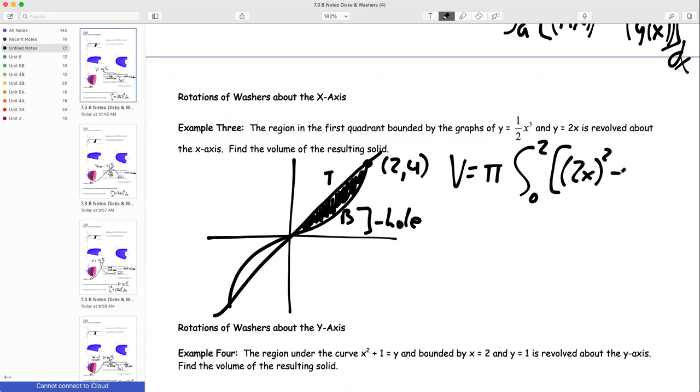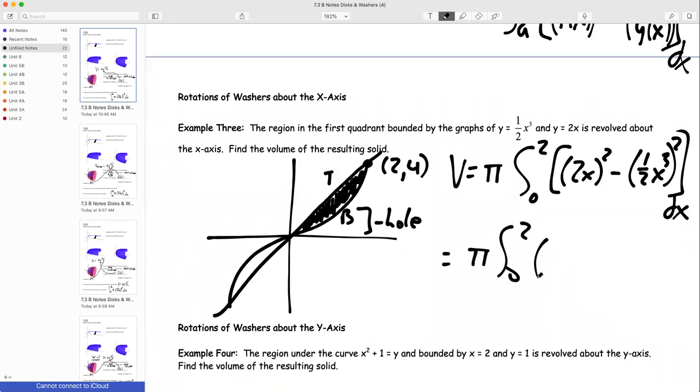I'm going to subtract, since I got to subtract off the whole. I plug in the bottom equation, which is 1/2 x cubed, and don't forget to square it. And that is with respect to x. So let me clean this up a little bit. I got pi integral from 0 to 2.